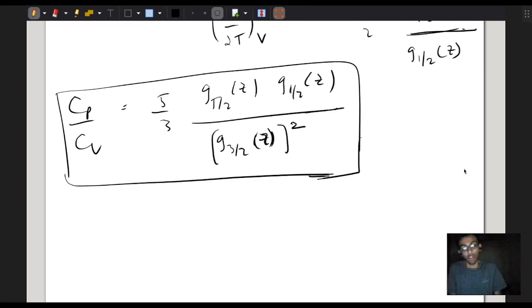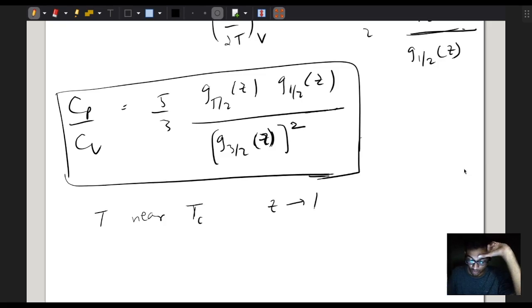So now the point of interest is the behavior of Cp at or near T equal to Tc. So Z is close to 1.